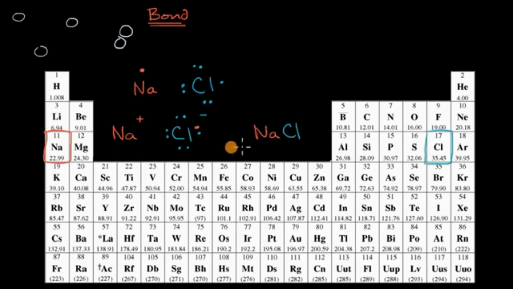And notice, the whole compound here is neutral. It has a +1 charge for the sodium, a -1 charge for the chloride, but taken together it is neutral because these are hanging out together. And this type of bond between ions, you might guess what it's called. It is called an ionic bond.